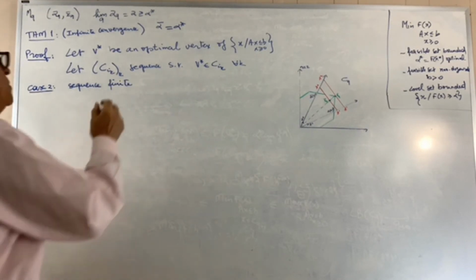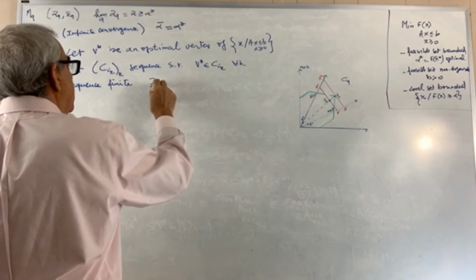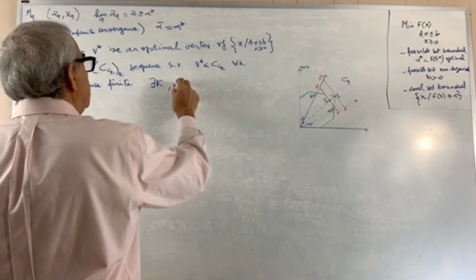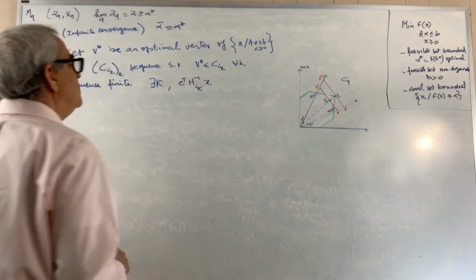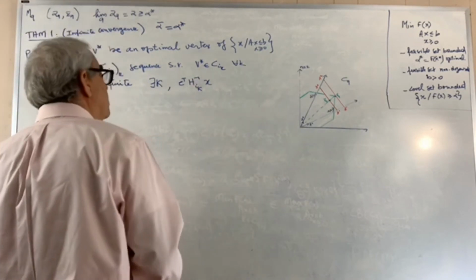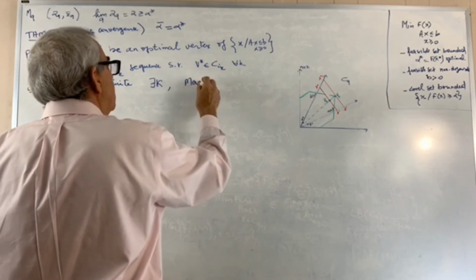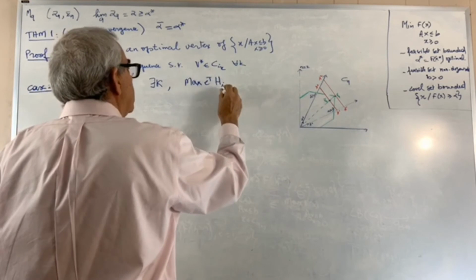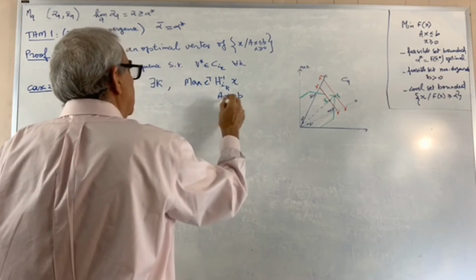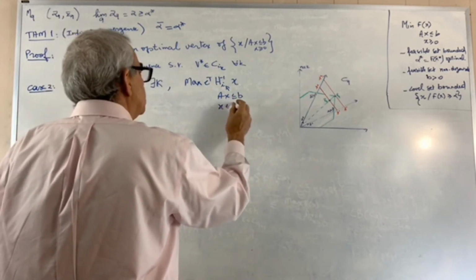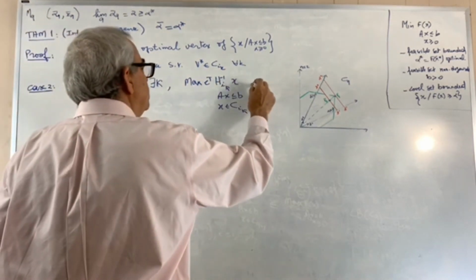So in this case 2, we say there exists big K such that the maximum of the LP, the maximum of E transpose H of I big K minus 1 X subject to AX less or equal to B, and X belonging to CI big K. When we solve the LP, we found that this is less or equal to 1.